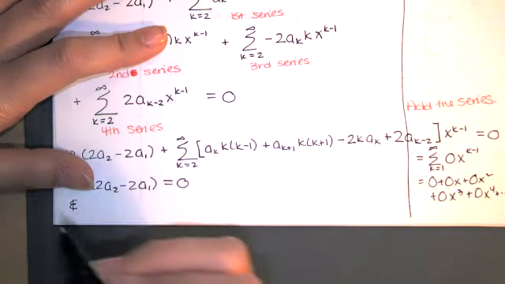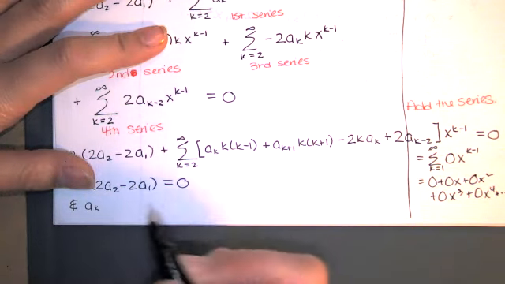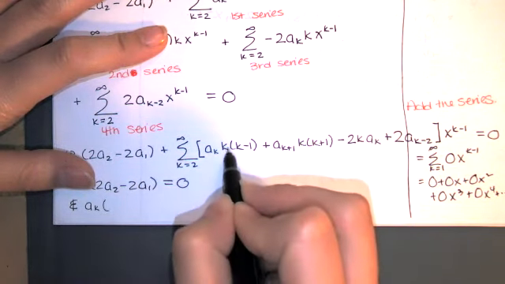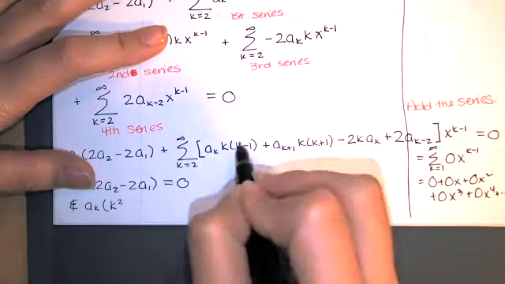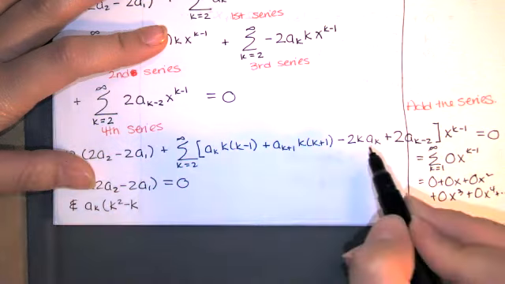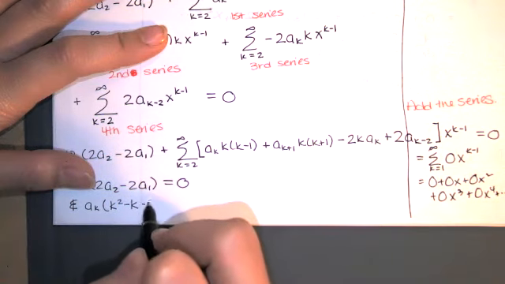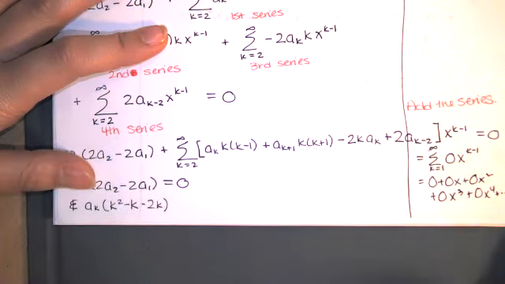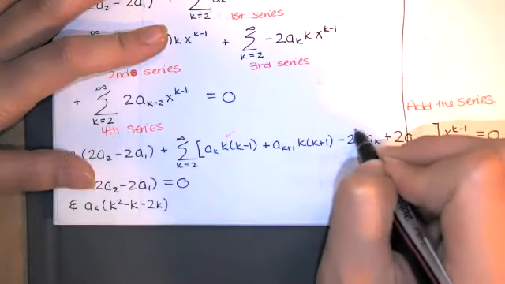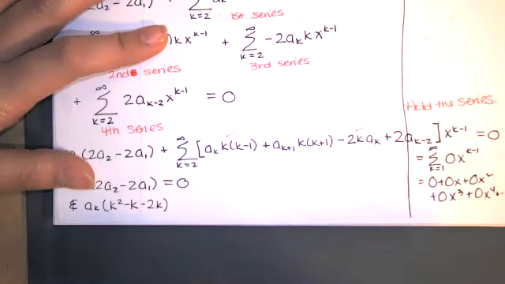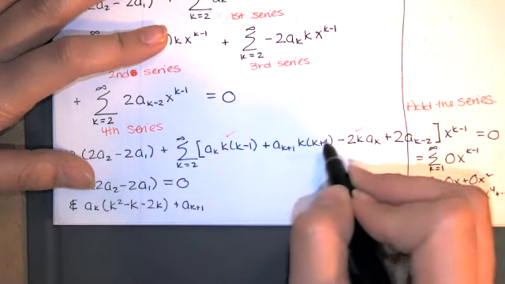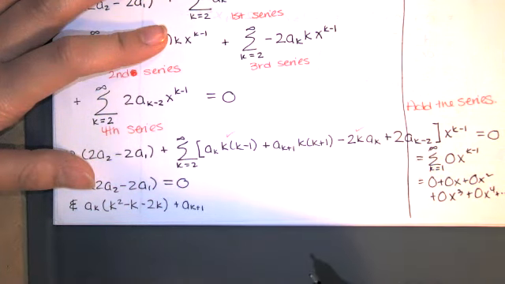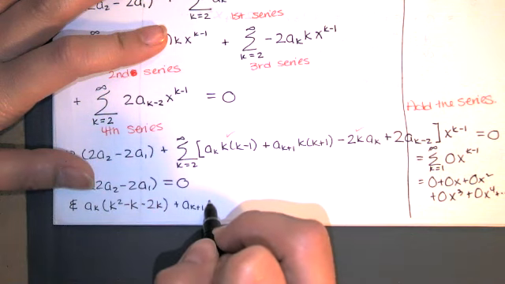And I think I'd like to simplify that. So I have a sub k. Here I've got, if I distribute, k squared minus k minus 2k. So these guys have been combined, plus a sub k plus 1 times this expression, which I think I'll leave factored.